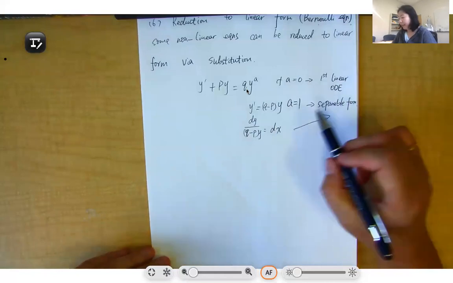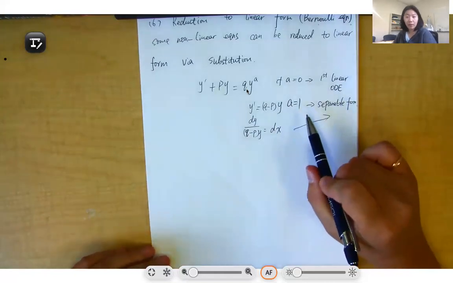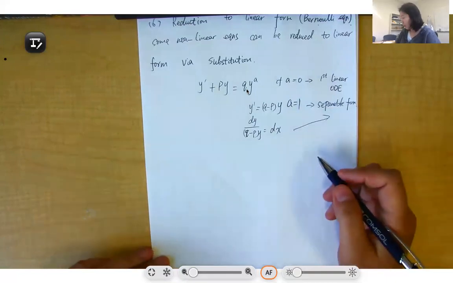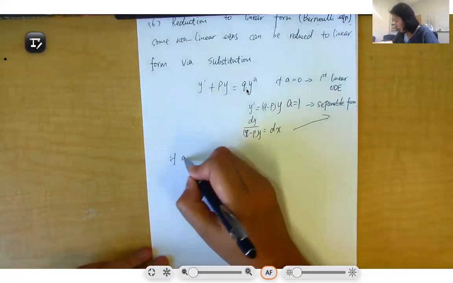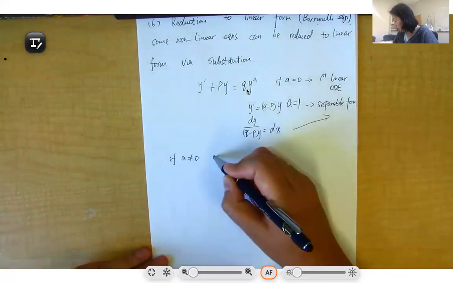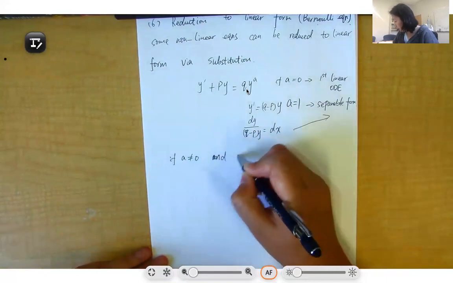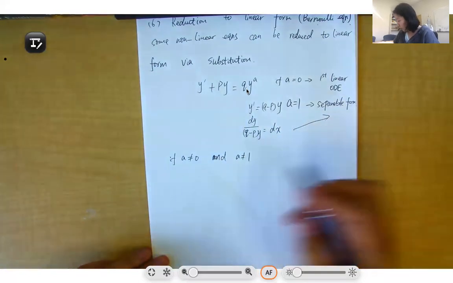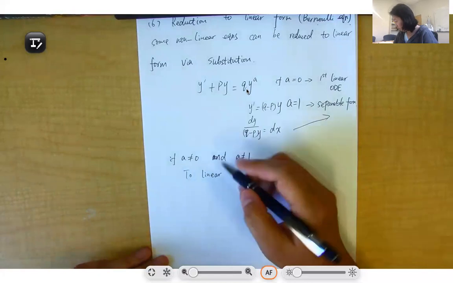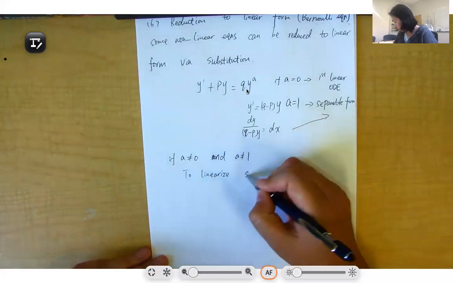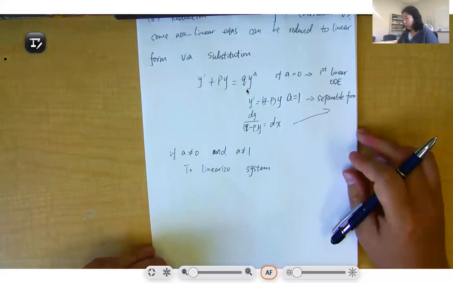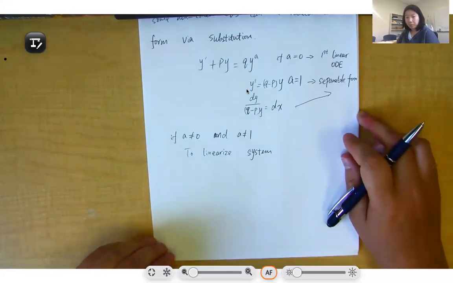Then if a is not equal to 1 or 0, that is the nonlinear part, okay? To make such a system linear, we use a substitution. What is this substitution?